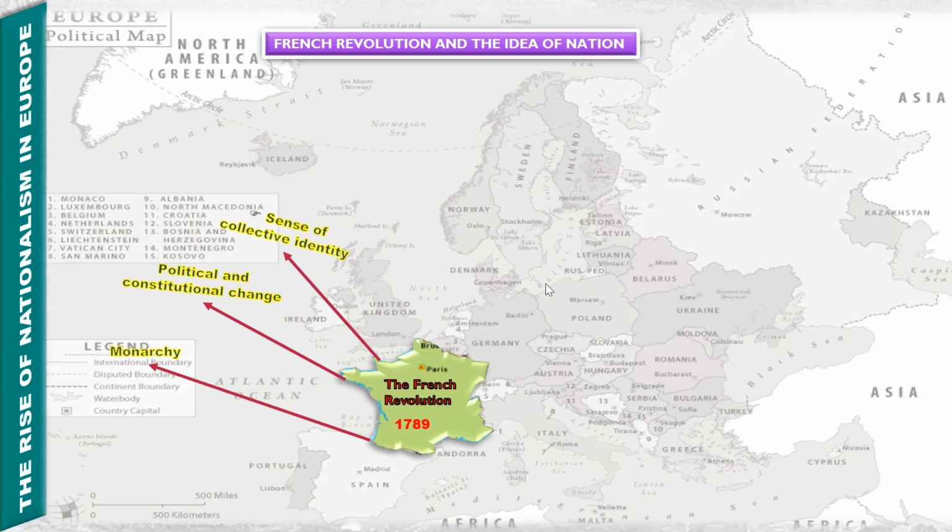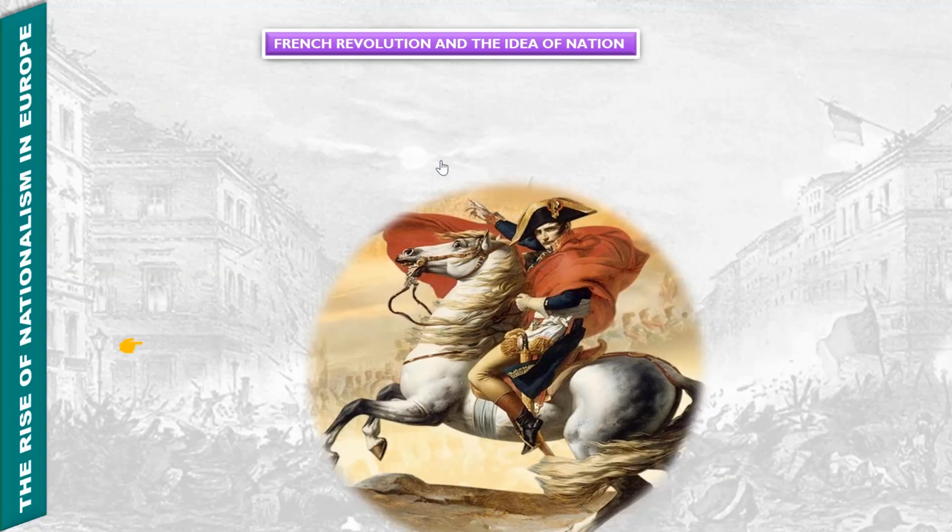With the outbreak of the Revolutionary Wars, the French armies began to carry the idea of nationalism abroad. Within the wide swathe of territory that came under Napoleonic control, Napoleon set about introducing many of the reforms that he had already introduced in France.